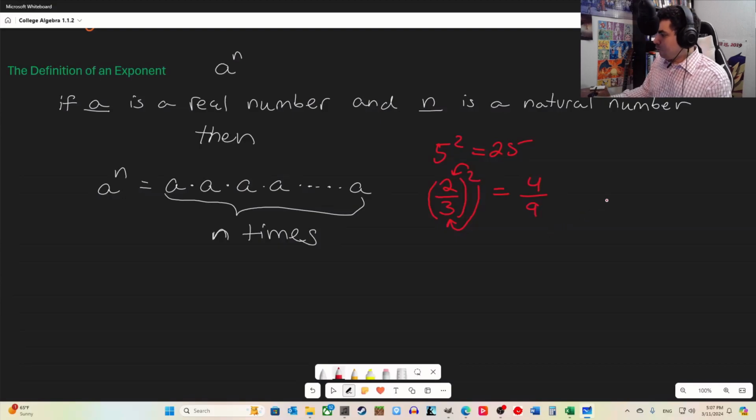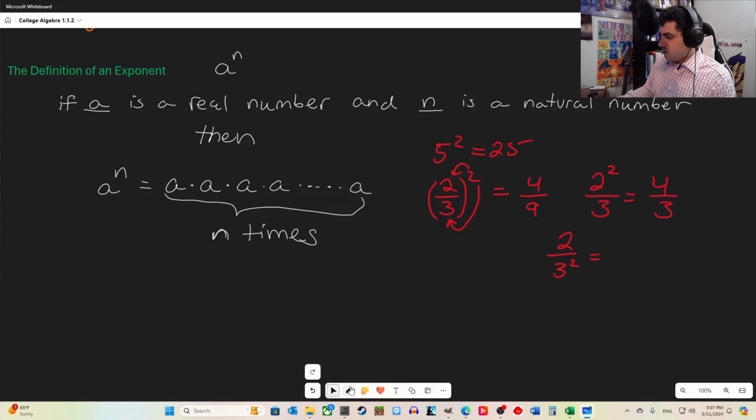What if we had 2 squared over 3? This would have simply become 4 over 3. And if we had 2 over 3 squared, that would have become 2 over 9.